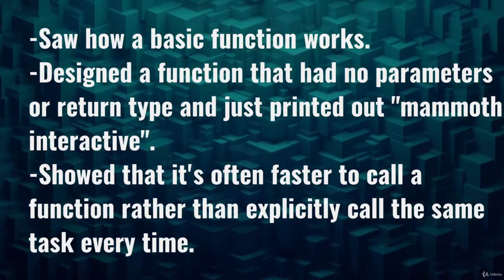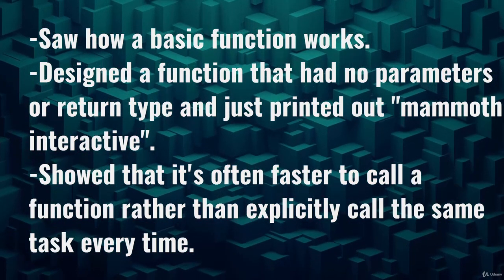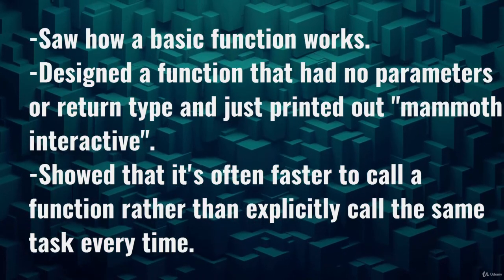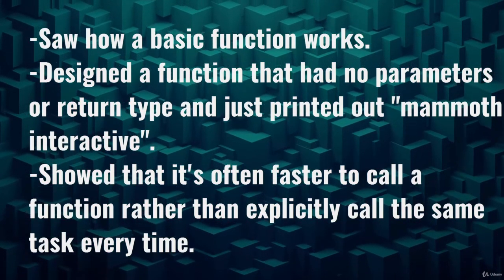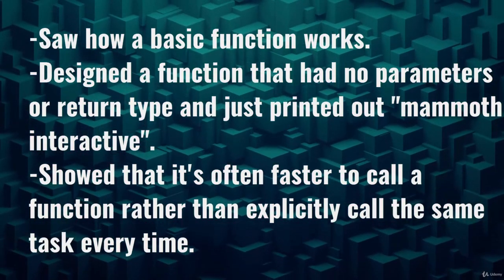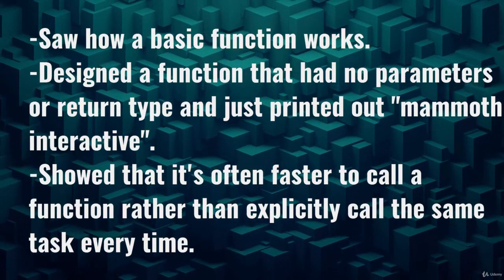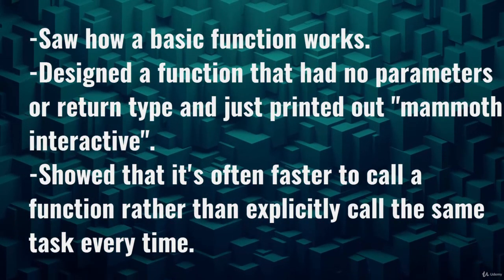We could have just called the print function on Mammoth Interactive every time if we wanted, and in this case it wasn't much more efficient to do either one, but I explained that often it is faster to call a function that performs this particular task rather than explicitly calling that same task every time, and we'll see a little more about why this becomes important coming up.